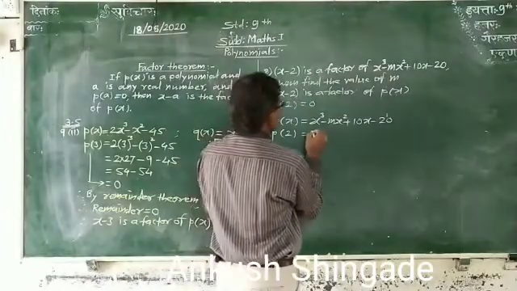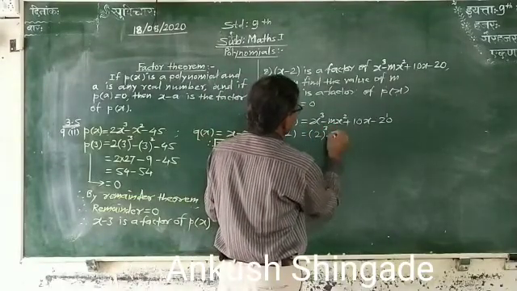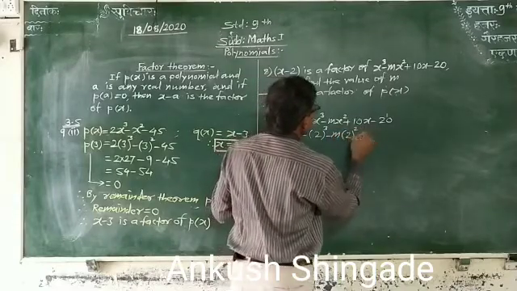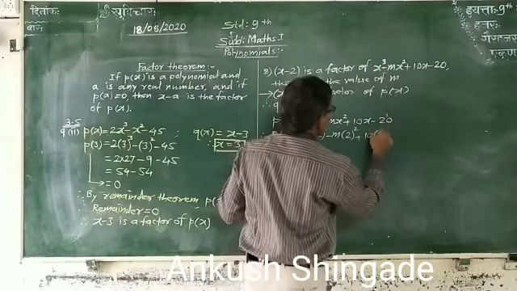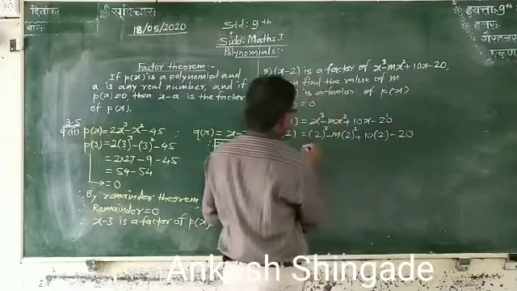Then x equal to 2: cube minus m into x equal to 2 square plus 10 into x equal to 2 minus 20.